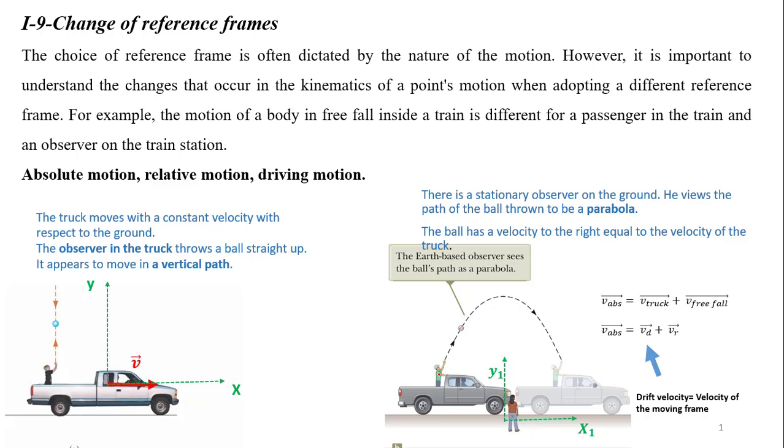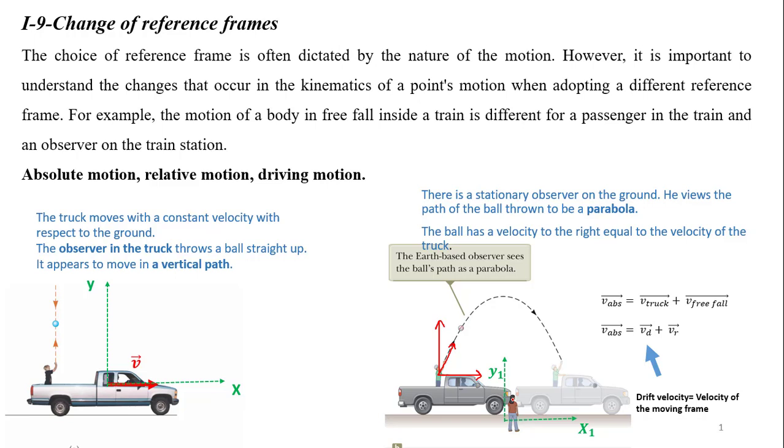It will have a motion upwards because the ball is being thrown upward, but also the ball will move to the right at the same time. So we have here Vy and Vx, so the ball will move in this direction, and the ball will follow a parabolic path as seen by the observer on the ground.